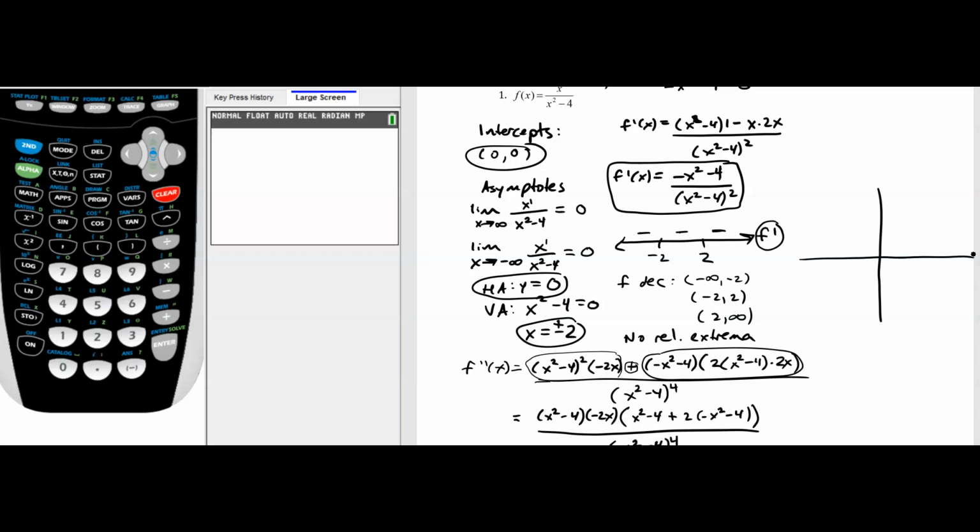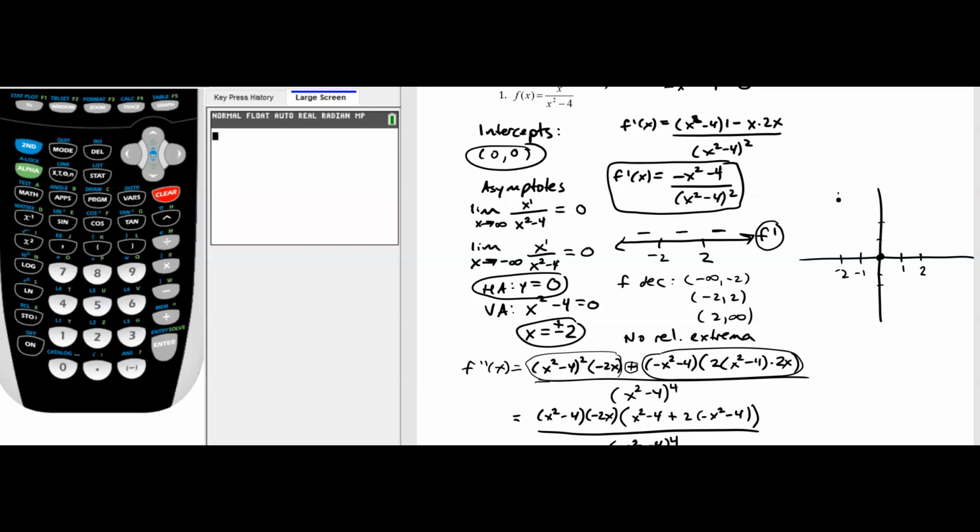I'm going to keep it really simple with how I'm labeling this graph. And so I'm going to go 1 and 2 because we knew we had asymptotes at plus or minus 2, so negative 1, negative 2, and then I'm not even going to label anything on the vertical axis right now. And so we've got an intercept at (0, 0).